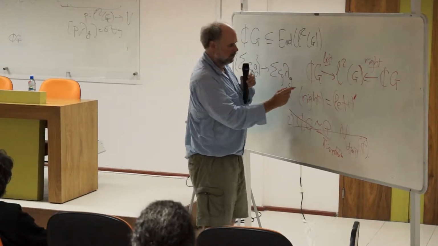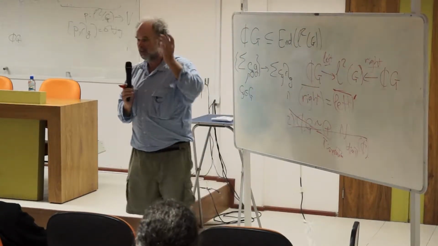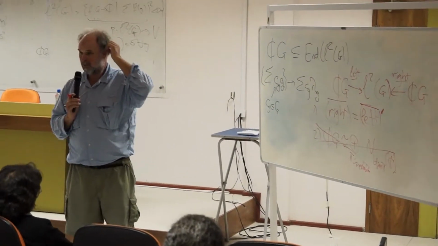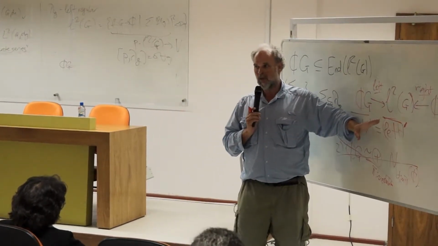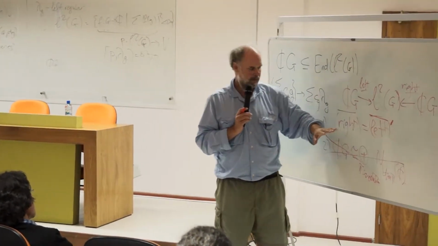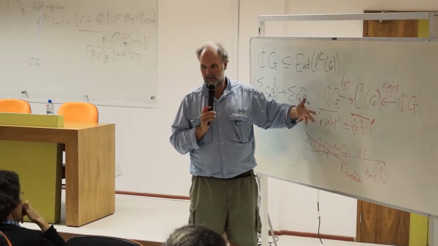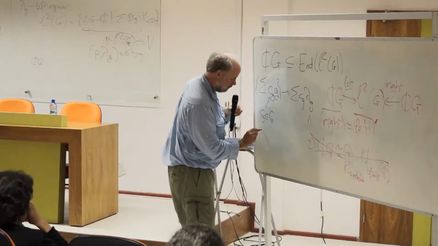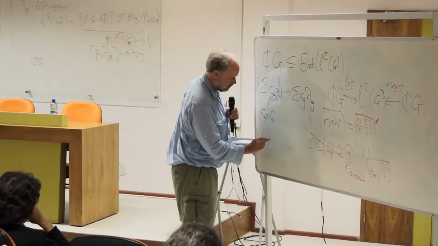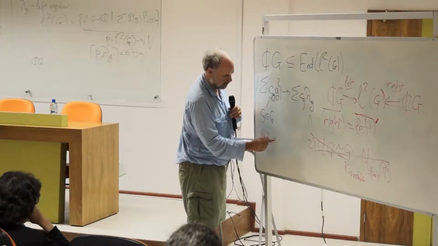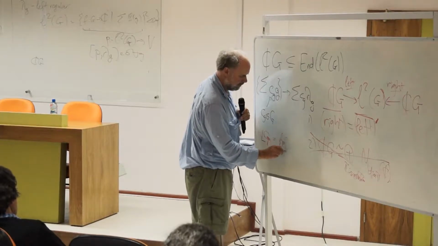But it turns out that all you have to do is put a closure here. This is von Neumann's result. If you take the closure in the topology of pointwise convergence, it's still true that the left regular representation is the commutant of the right regular representation, provided you just amplify the algebra. And I'm going to use the following notation. L of G, this is the von Neumann algebra, is the closure of the left regular representation.